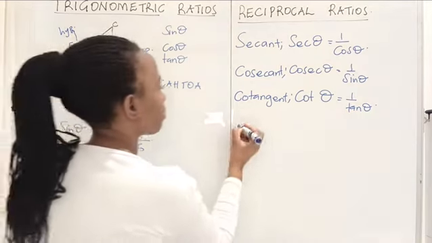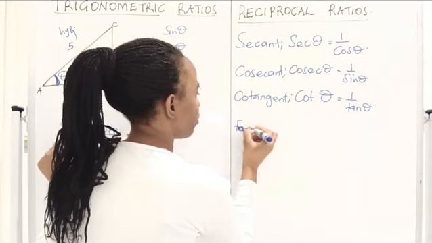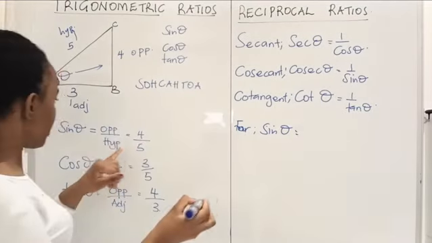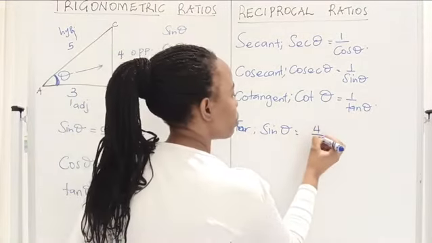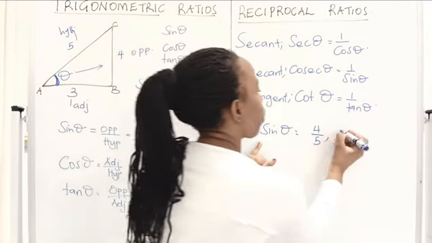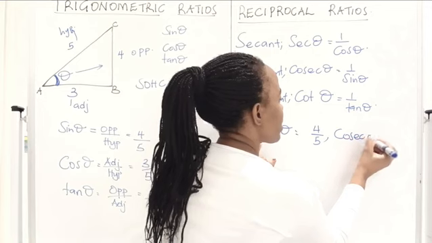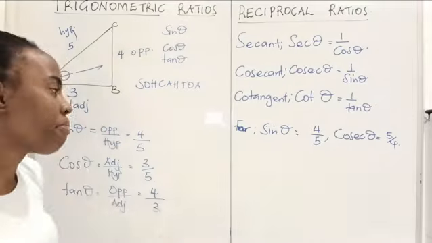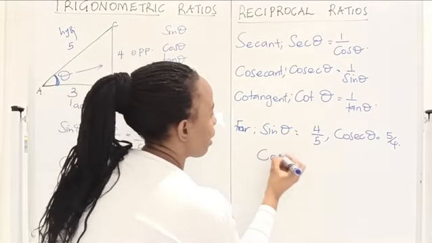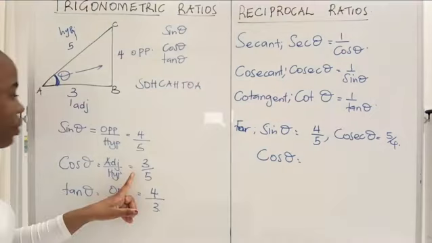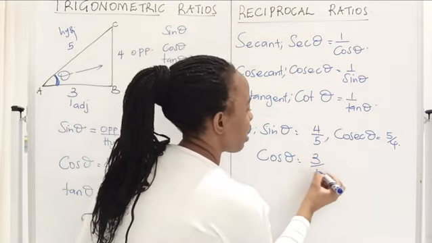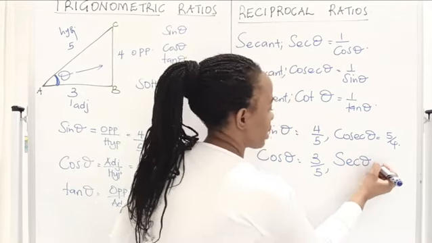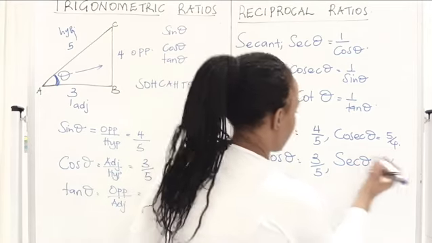For sine theta, which is 4 out of 5, its reciprocal cosec theta is going to be 5 out of 4. For cos theta, which is equal to 3 out of 5, the reciprocal of cos is sec, so sec theta is going to be 5 out of 3.